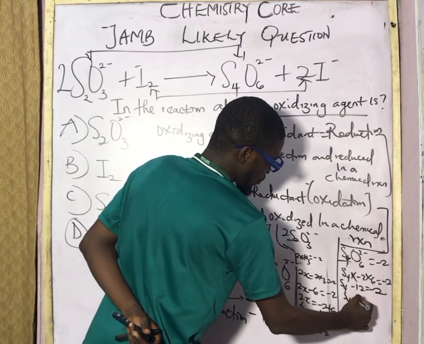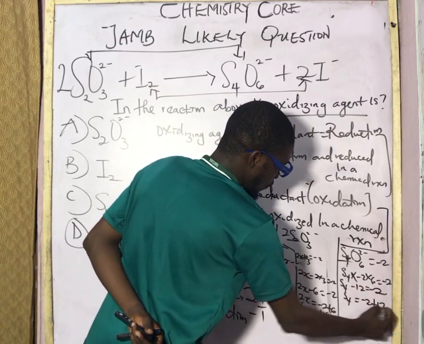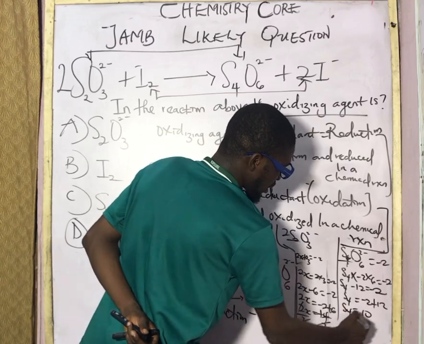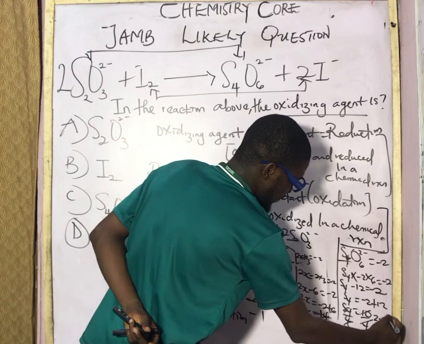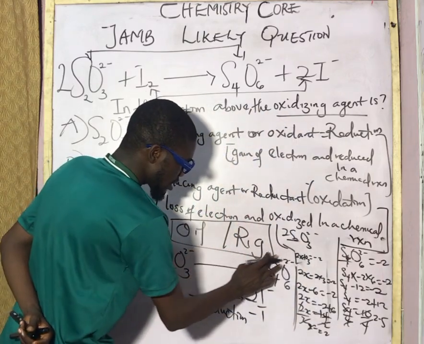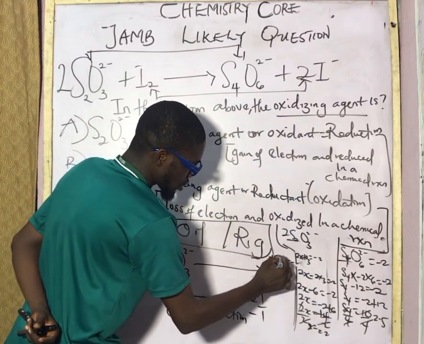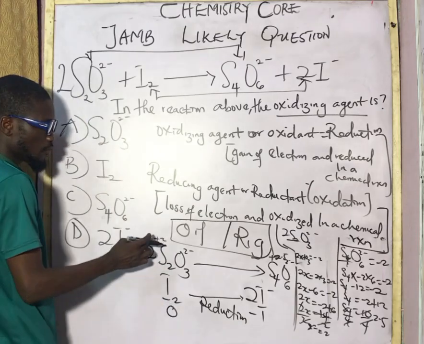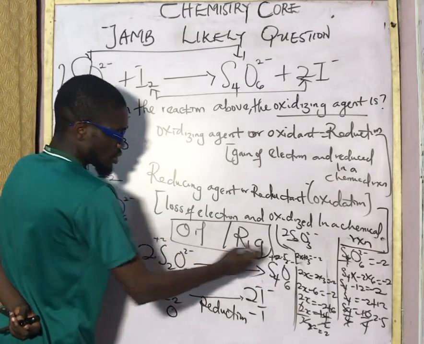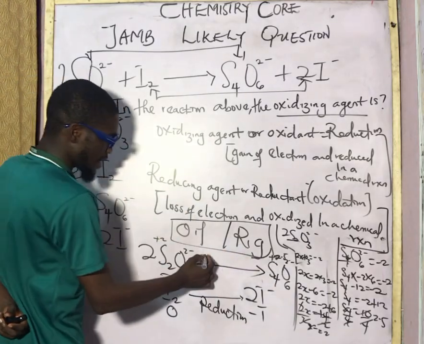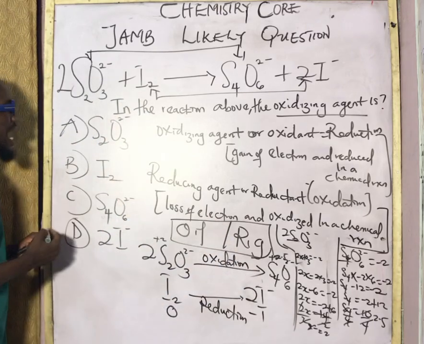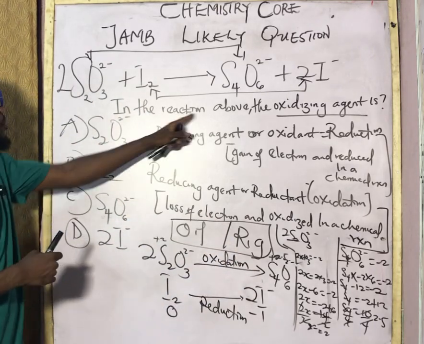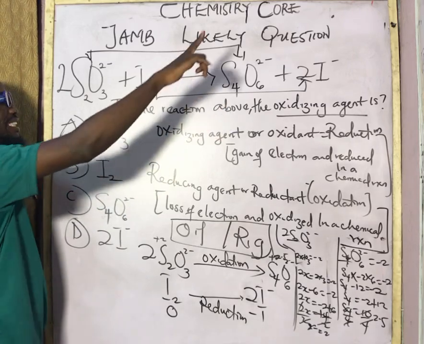This will give us minus 2 plus 12, we have 10. Divide both sides by 4. So this will give us 2.5. So for this, the sulfur here is 2.5. So from plus 2 to plus 2.5, you have oxidation. Now, according to that question, in the reaction above, the oxidizing agent is what?